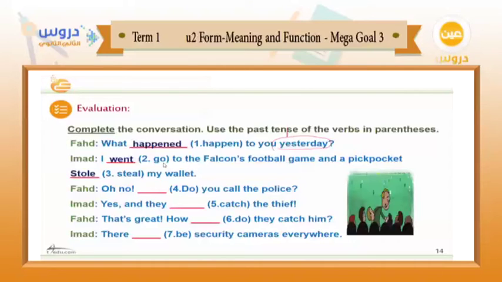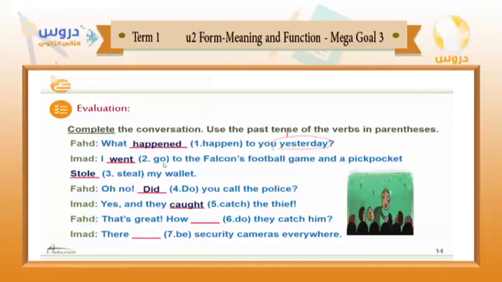Now, I want you to use the word do. You call the police. Can we say do or did or does? Of course did, because it is in the past. Did you call the police? Yes. And they catch. What's the past of catch? Caught the thief.